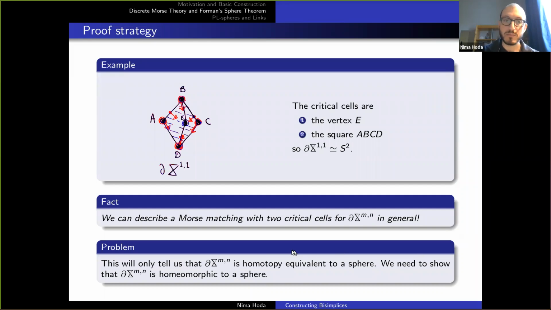And it turns out that we can describe Morse matchings having exactly two critical cells for all of these boundaries of bisimplices in this inductive step. So that's great. In this inductive step, we can prove that we have at least a homotopy sphere, but we need to go a little bit further. We need to prove that it's actually homeomorphic to a sphere.